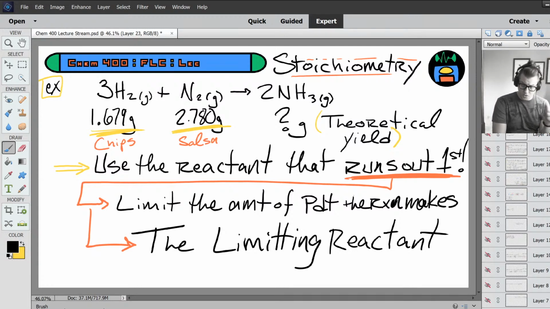Now you may be sitting there wondering, okay, well, I get the concept. I get the chips and salsa analogy. How do we determine which one runs out first? What you need to do is carry out the calculation that we've been doing for theoretical yield twice. Do it once for hydrogen, do it once for nitrogen, and whichever value gives you a smaller theoretical yield in grams, that is your true theoretical yield, and it came from the limiting reactant.